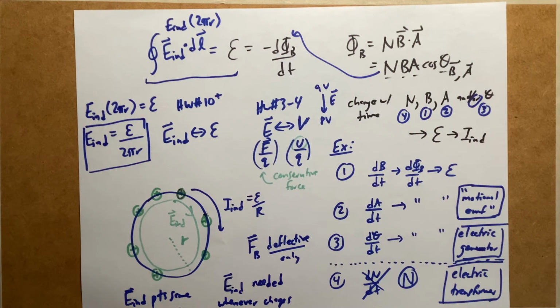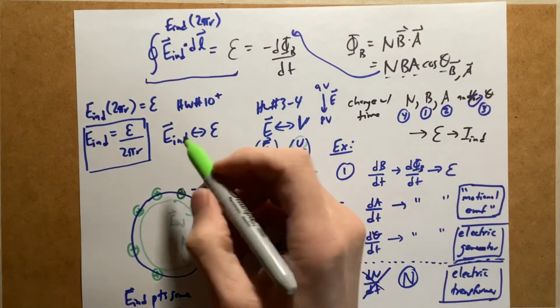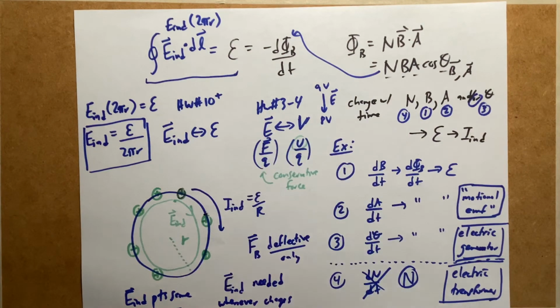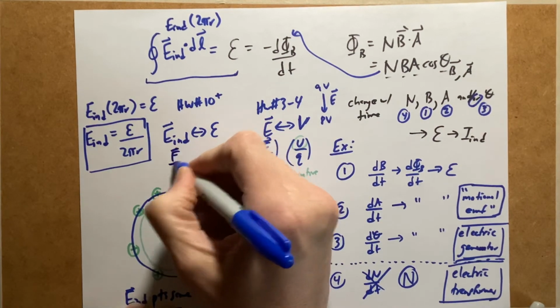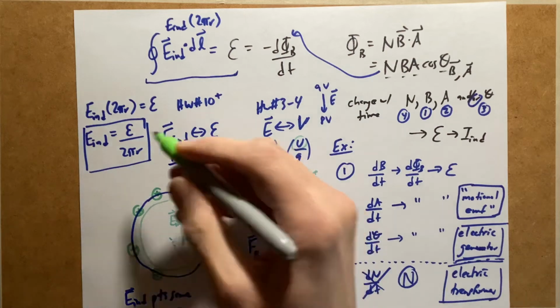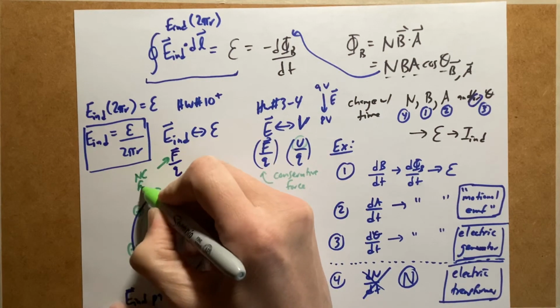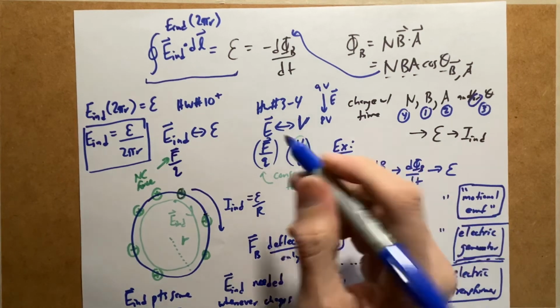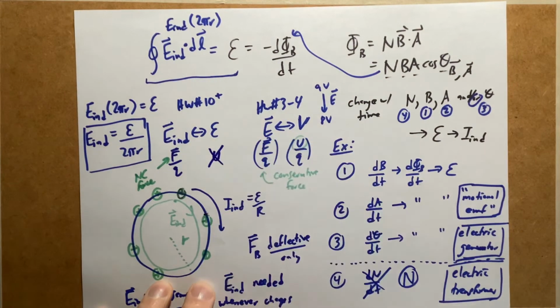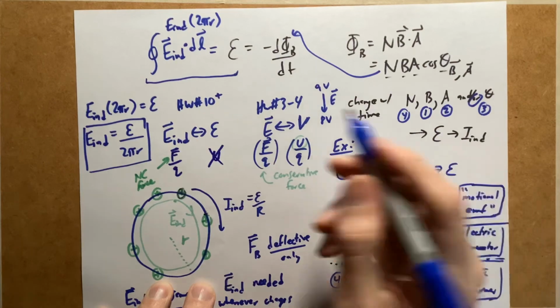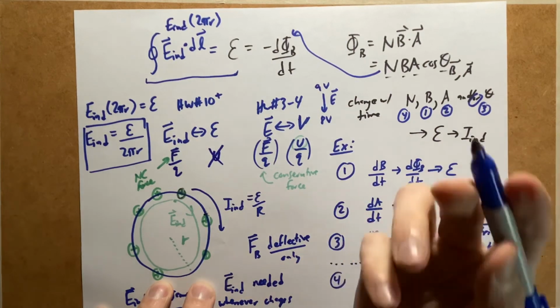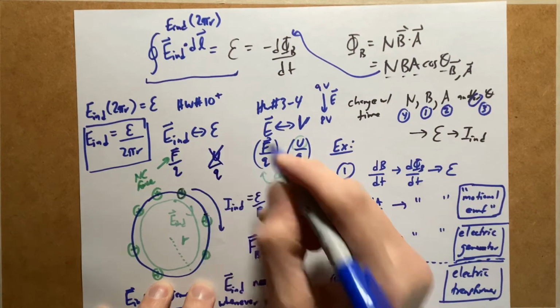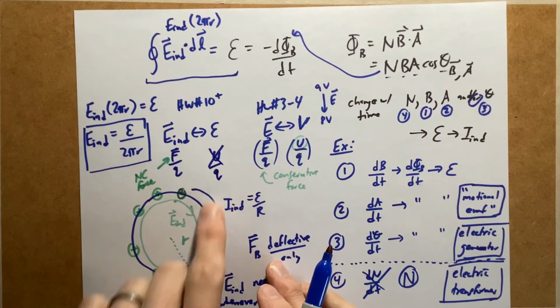This is now generating, you can still say this is force per charge, but this force is now what we call a non-conservative force, like you learned in Physics 1, friction or something like that. There is no associated potential energy. It just doesn't make any sense. And if there's no associated potential energy, like there's no potential energy of friction, right, then the whole concept of potential energy per charge doesn't make sense.